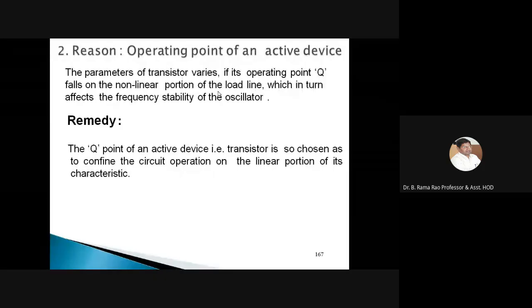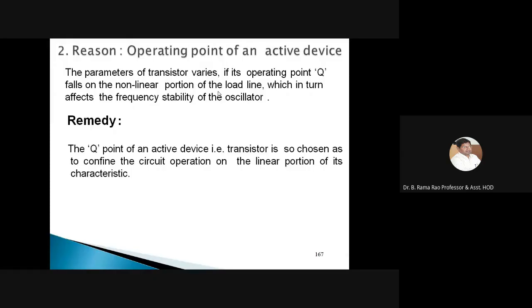If there is a variation in ICQ and VCEQ, there is a change in the Q point. If the Q point is stabilized, the transistor will act in the active region. Otherwise, with a change in current or voltage, the Q point moves into the saturation or cutoff region.